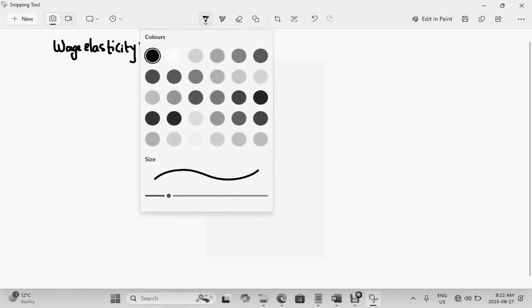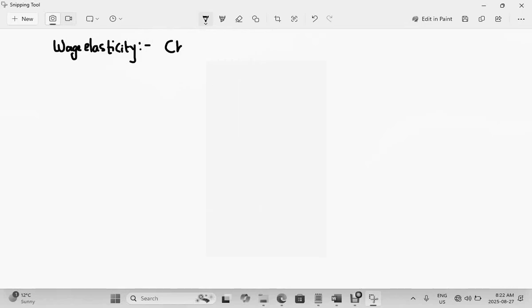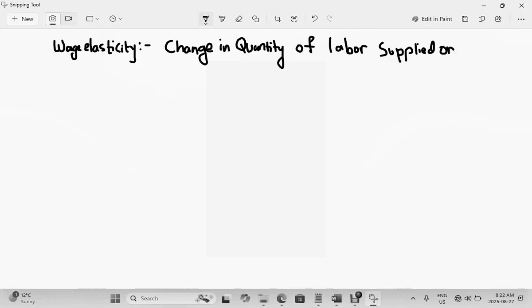Okay, so this will be the change in quantity of labor supplied or demanded.